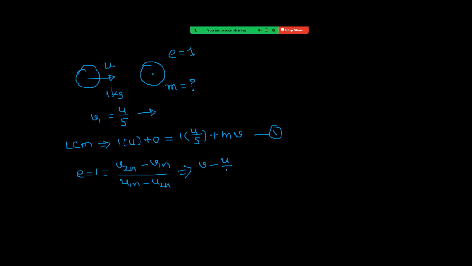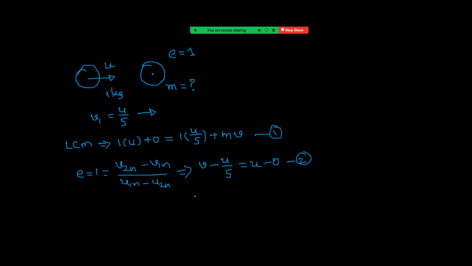So u by 5, that is equal to U1n, that is equal to u. Remaining minus 0, because the second body was at rest before collision. So now having two equations and two unknowns. One unknown is M, second unknown is V. Now see what we can write.